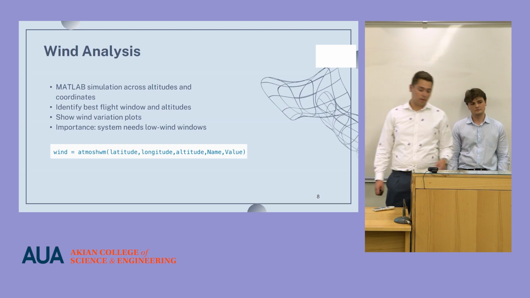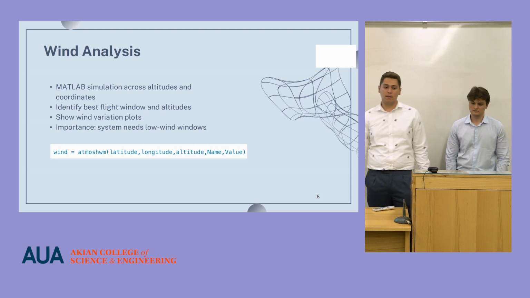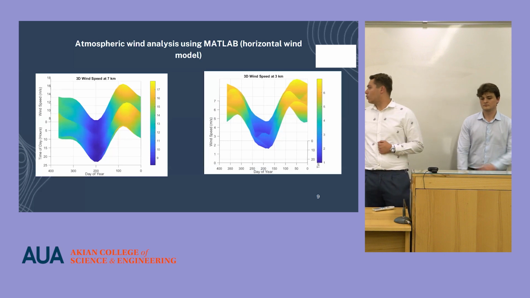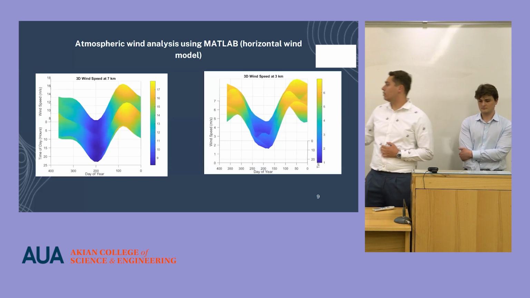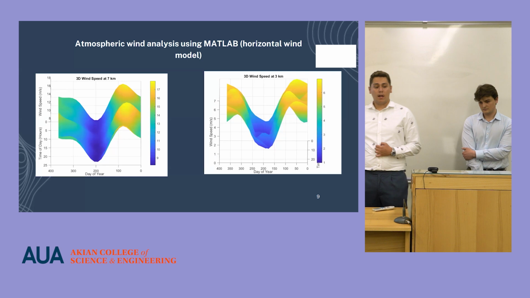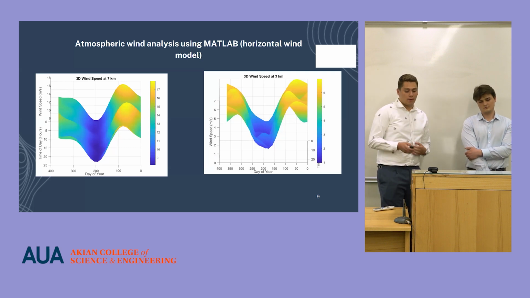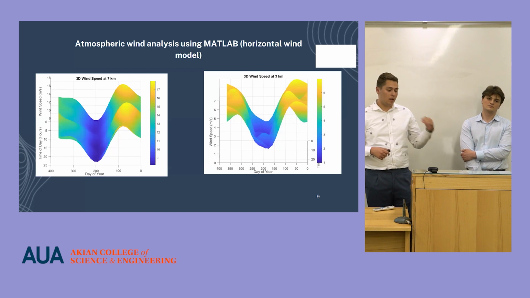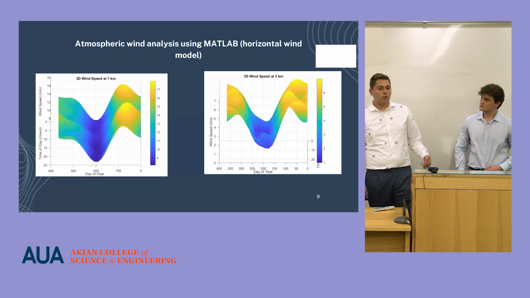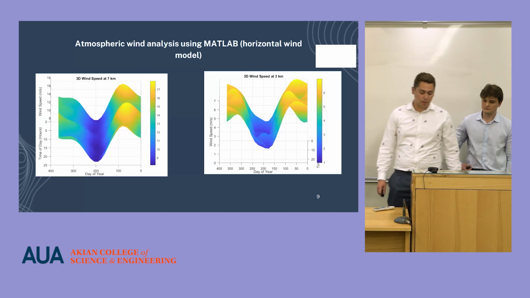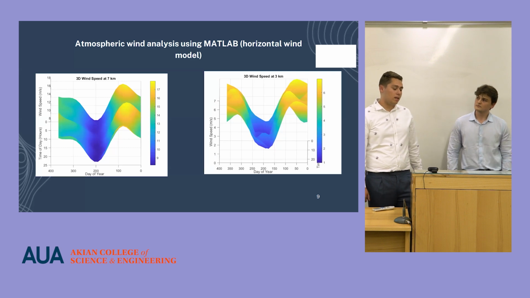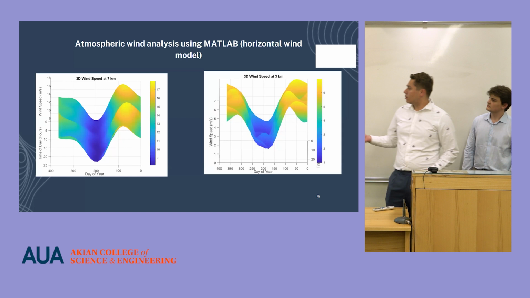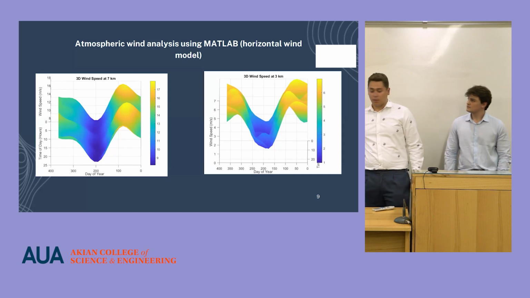We chose to be here in Armenia, in Yerevan, and we plotted depending on the day and the hour, from 3 kilometers up to 7 kilometers in 1 kilometer increments. From 0 to 3 kilometers, the wind is unpredictable, so we don't consider it in our MATLAB solution.